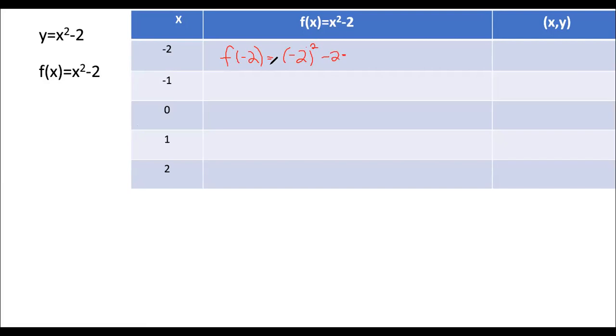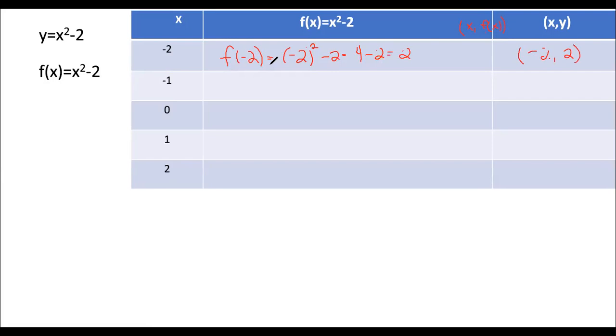Negative 2 times negative 2 is positive 4, minus 2, and 4 minus 2 is just 2. So we have f of negative 2 is equal to 2. I wrote this over here as an x, y, but we can also write this as x and f of x. So this ordered pair becomes negative 2, 2.